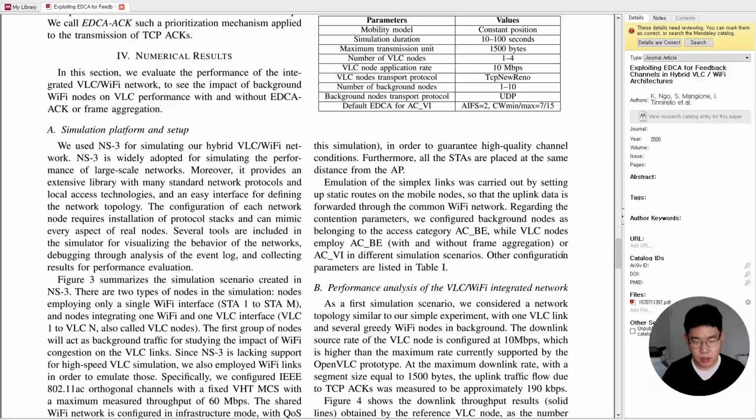As a first simulation scenario, we considered a network topology similar to our simple experiment, with one VLC link and several greedy Wi-Fi nodes in background.